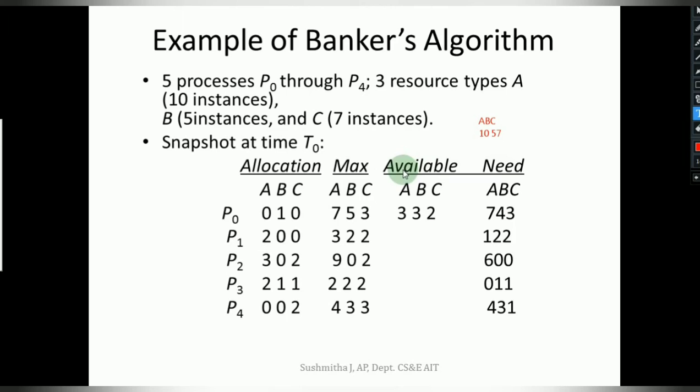Now, let us see what is the allocation. Out of this 10, 5, 7, we can see here P0, there is 0 instance of A, there is 1 instance of B, there is 0 instance of C again.